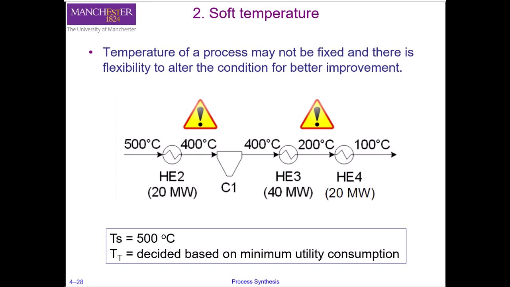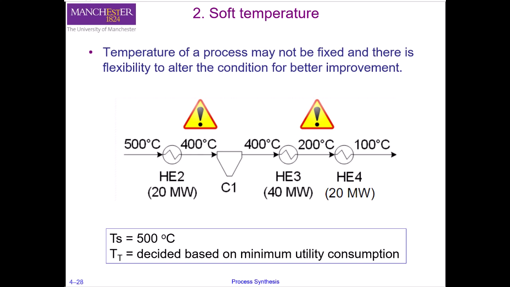Now, the second rule is that one should identify hard and soft constraints on temperature, pressure, and enthalpy levels. For example, a hard constraint would be the inlet temperature of a reactor that cannot be changed in any way, because if you change the reactor temperature, you are going to change its reaction conversion, the yield, and as such, you are going to change the whole process in terms of separation and the recovery of the product as well.